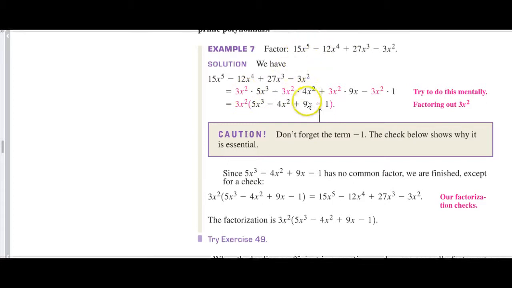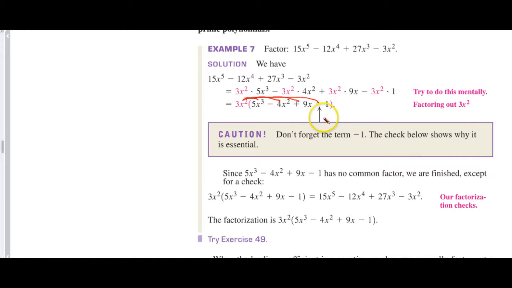Now, an interesting thing, when you get to the end of this, you might say, well, I'm factoring out 3x squared, which is what you've done. But you have to remember there is a -1 still there. And that's what they're showing. That -1 is very important, because if you distribute this to get back to this term, you need to have that 1 there.